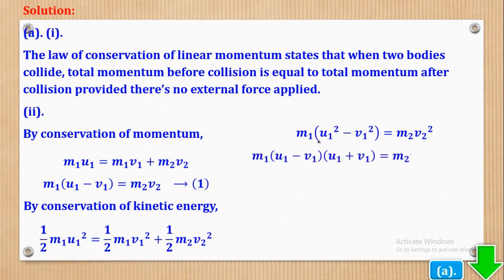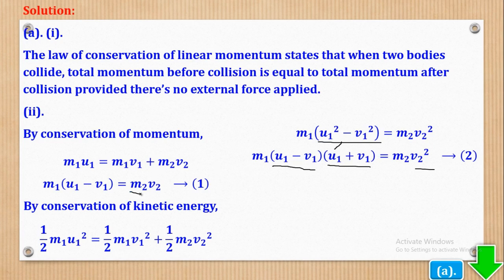Next you realize that this is the difference of two squares, so we expand it to become (u1 minus v1) multiplied by (u1 plus v1). So that is equation 2, and we also have equation 1.